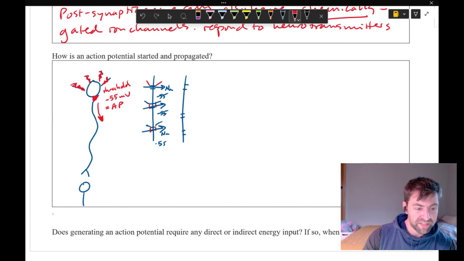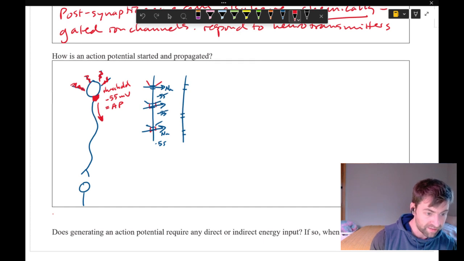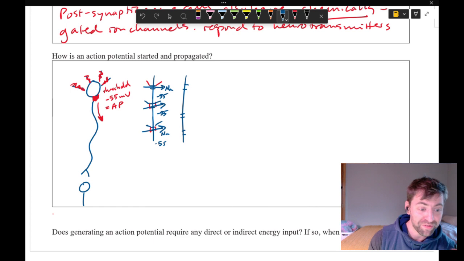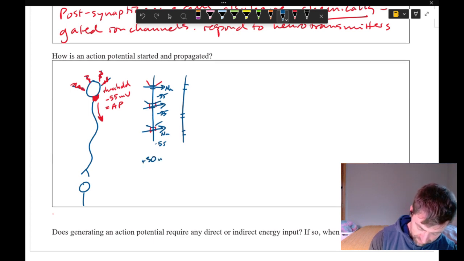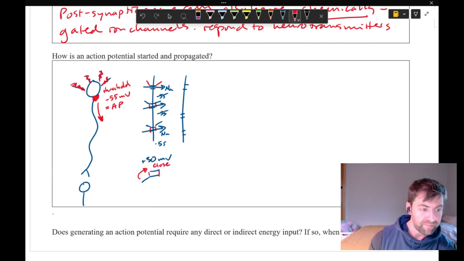When the potential difference across the membrane at any point depolarizes sufficiently, when we hit peak depolarization at positive 30 millivolts, now things start to close. So we go from open, we start to close these.